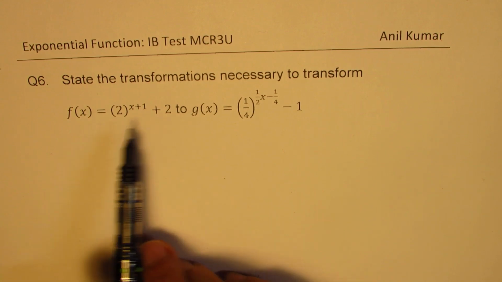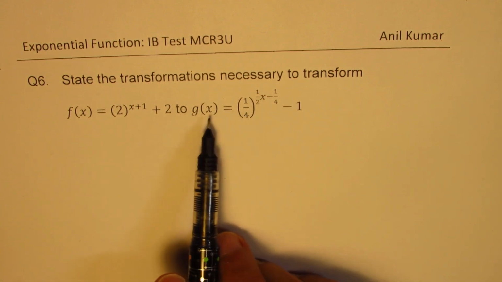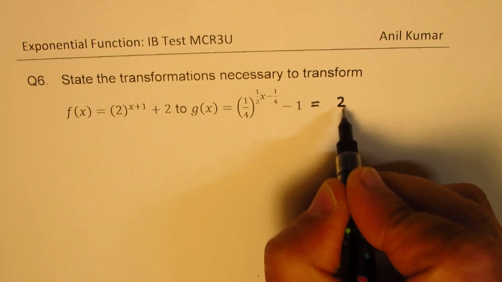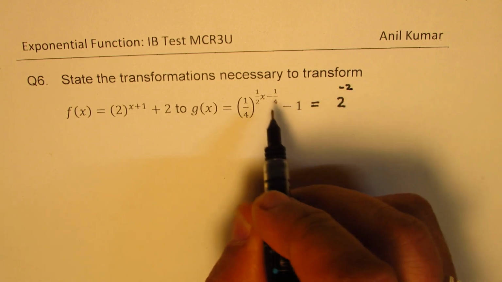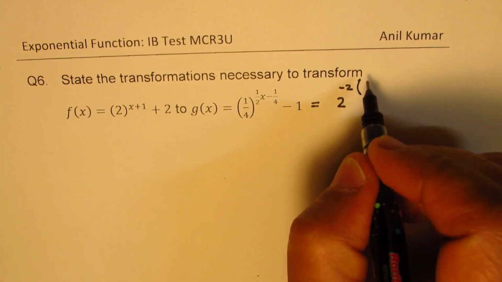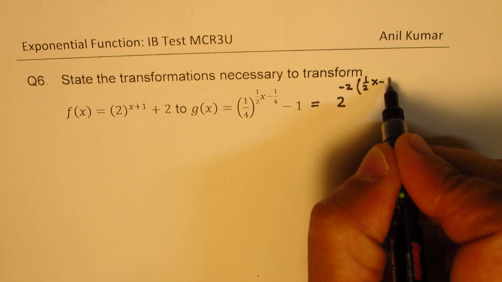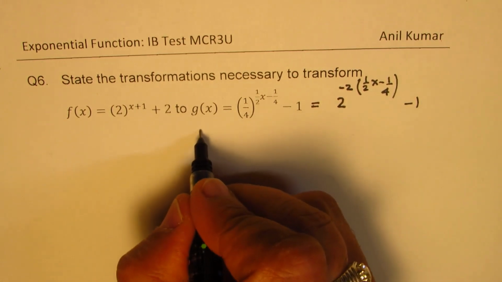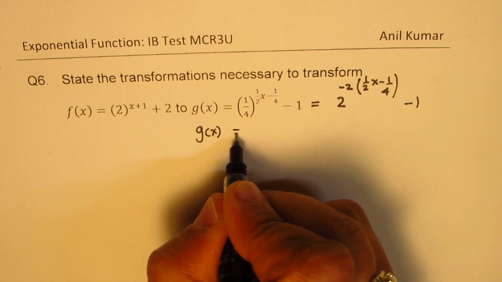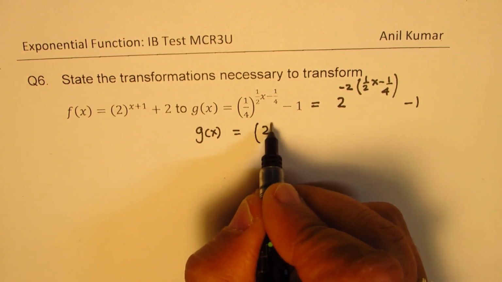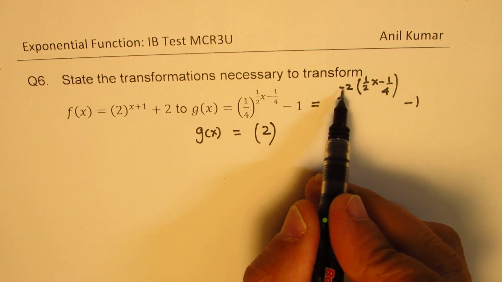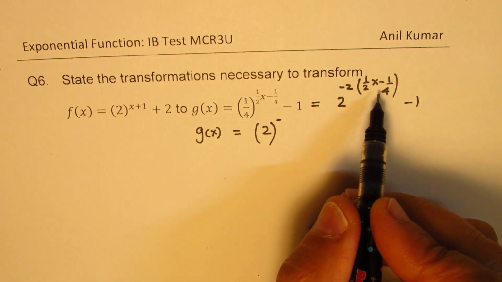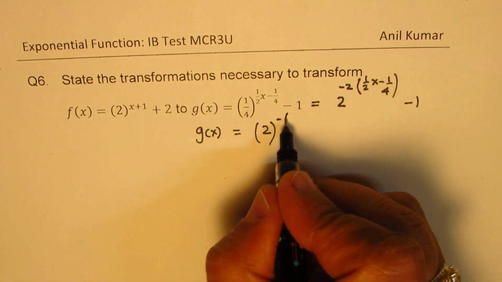Now, to explain the transformation, let's get the same base at least. So for g of x, I could write this 1 over 4 as 2 to the power of minus 2. And then we already have an exponent here, which is half x minus 1 over 4, and minus 1. So I could write g of x as 2 to the power of, let's keep minus outside, and inside if I multiply by 2, I get x minus half.